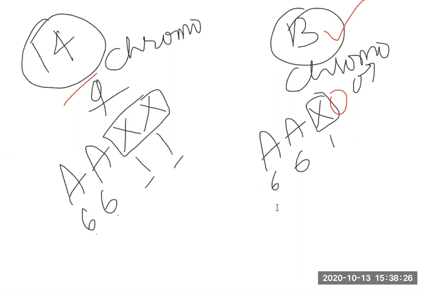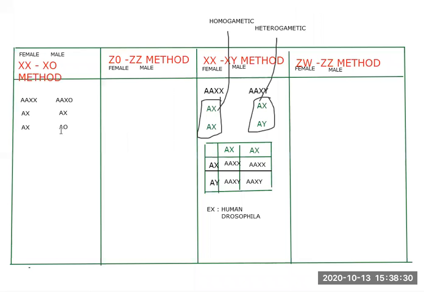We can say XX, XO type of determination. During the gamete formation, there is autosome with allosome, and autosome without allosome. That is a special one. You may have learned XX and XY earlier, but this is a new and special thing here.